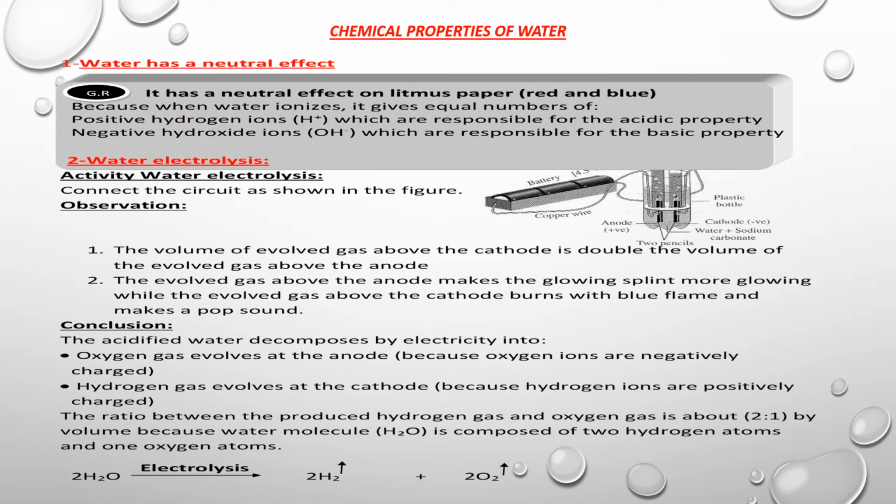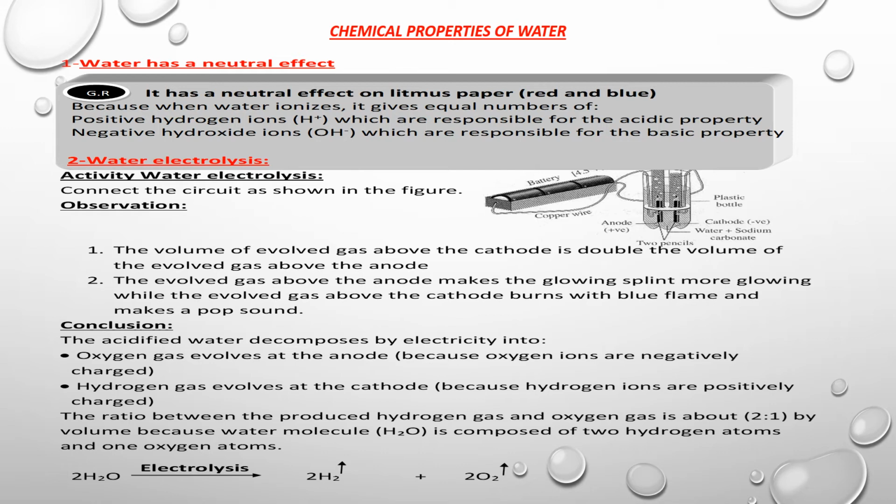The volume of evolved gas at the cathode is double the volume of evolved gas at the anode. The evolved gas above the anode makes the glowing splint glow more, so we can conclude that this gas is oxygen, while the evolved gas above the cathode burns with a blue flame and makes a pop sound, which is hydrogen.